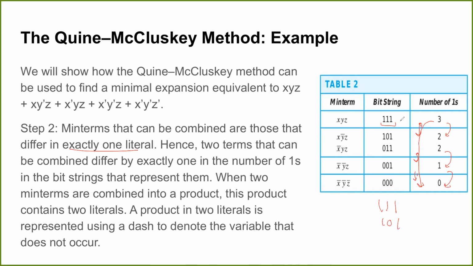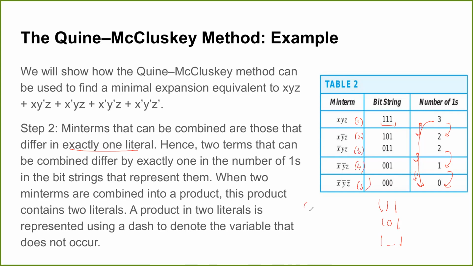Now let's look at the first case. Suppose I have 111 and 101. They differ in exactly one literal, so wherever they differ, you put a dash there. So it's 1 dash 1. Dash indicates it can be 1 or 0. Can you tell me other combinations which I can combine? Let me name them.